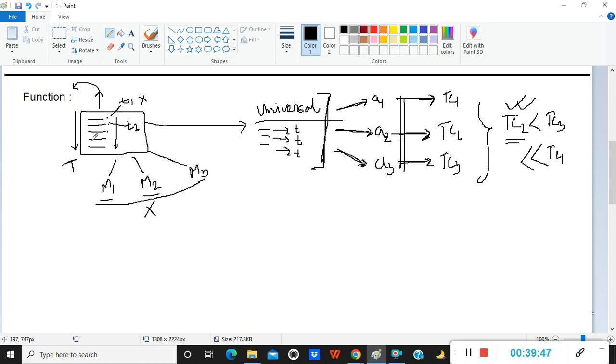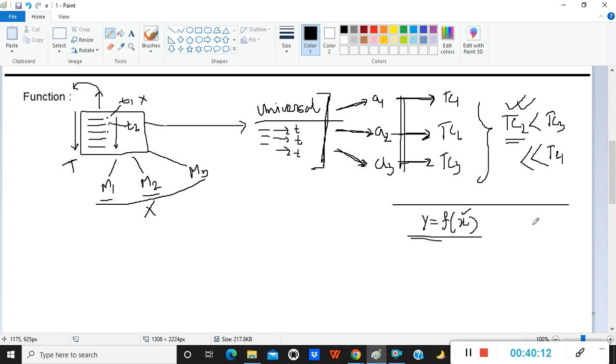Every algorithm can be represented as a mathematical function. If you remember a mathematical function, you can say y is equal to f(x). That is a mathematical function. Then we can say that y is a function of x.